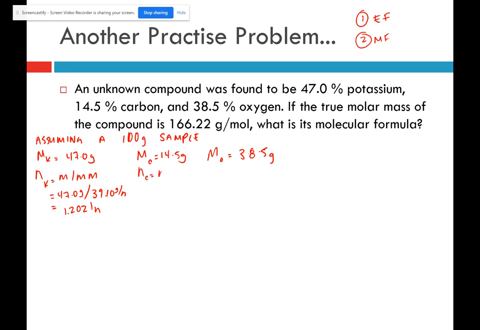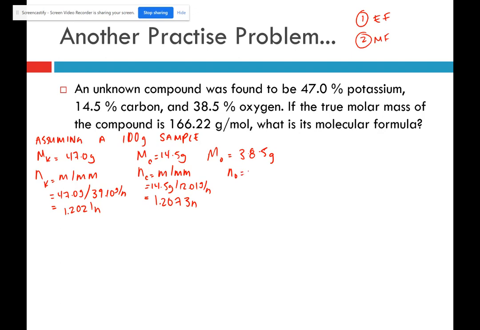Moles of carbon, same thing, mass divided by molar mass. So this is going to be 14.5 grams divided by 12.01 grams per mole. 14.5 divided by 12.01 is going to give me 1.2073 moles.